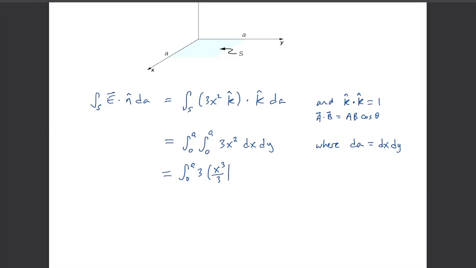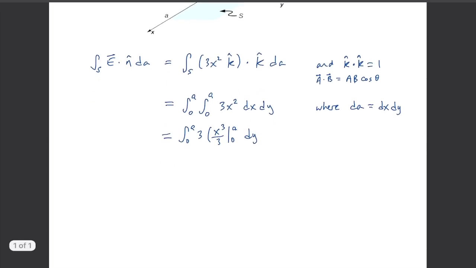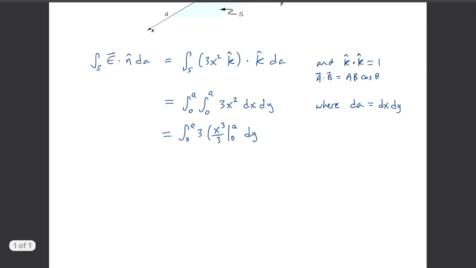We need to evaluate that from 0 to A, and then we have a dy. Okay, the 3's are going to cancel. So we have the integral from 0 to A of x cubed from 0 to A, and then dy.